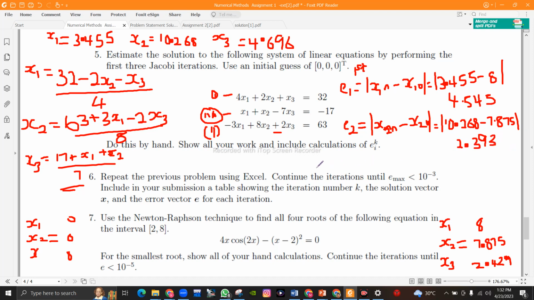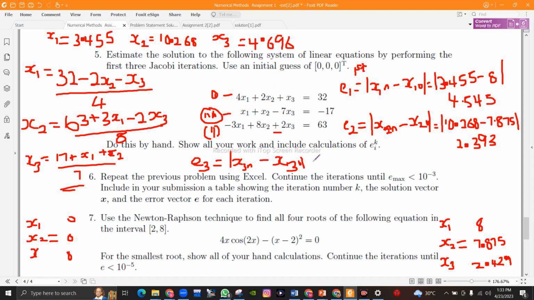From there, we can calculate our error 3. Our error 3 is x3 new minus x3 old. What's the new value of x3?